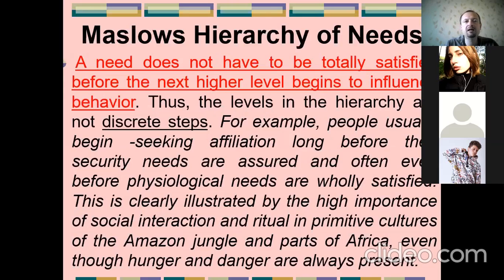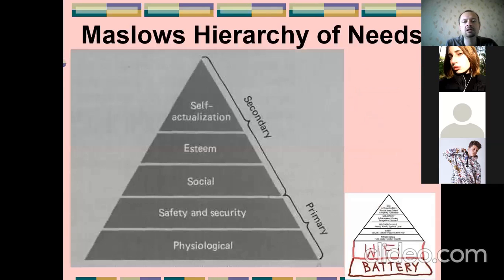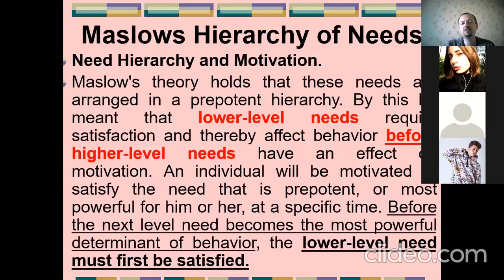This hierarchy, this pyramid has, how to say, some obstacles or some exceptions. It means that we couldn't say that we have to totally satisfy the needs and only then think about the next level.